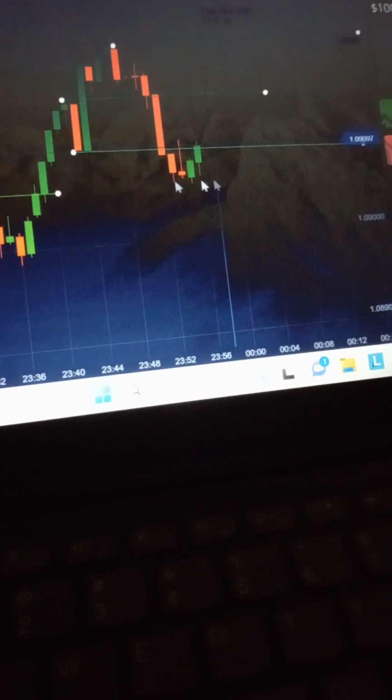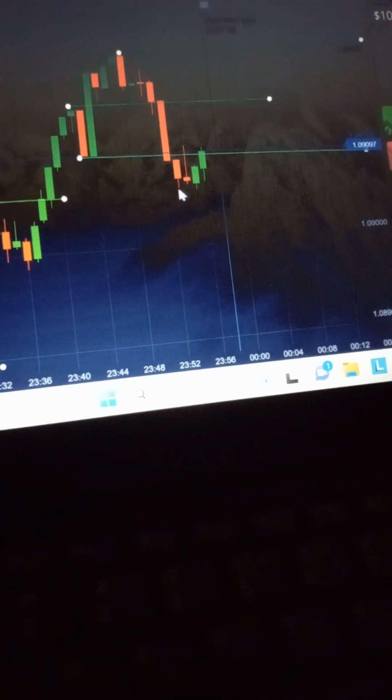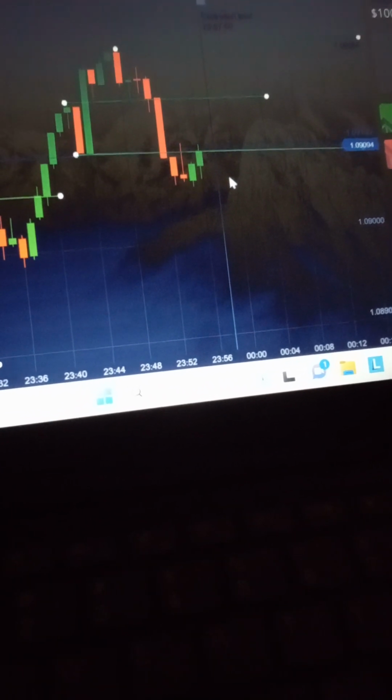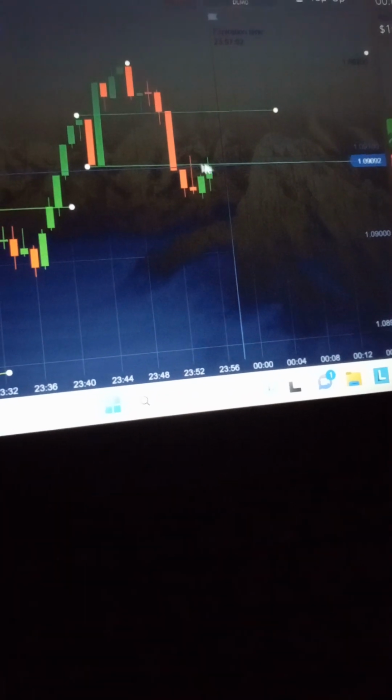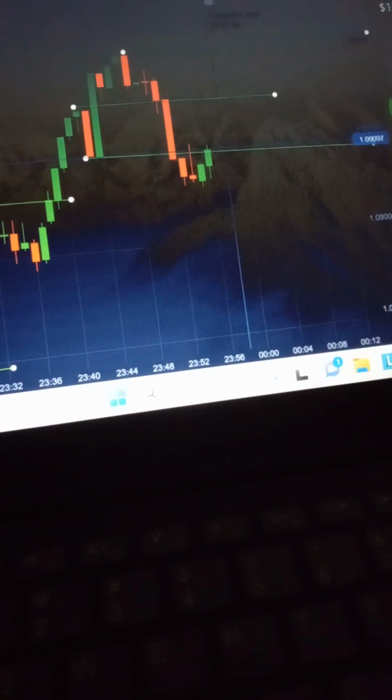And as you can see, price is making an equal high. So this is not an actual breakout, because price broke through this support level here on the 1 minute time frame.